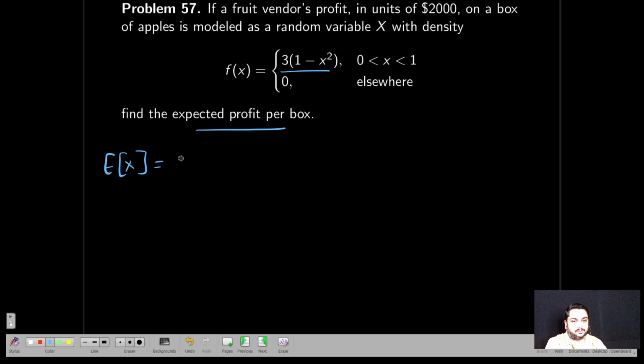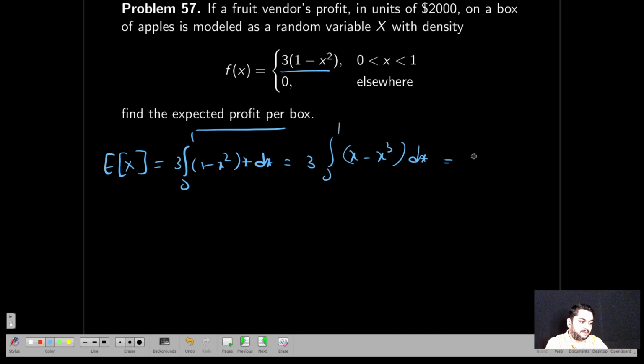So this will be equal to integration of 0 to 1, 3 into 1 minus x square into x dx, which is 3 into integration of 0 to 1, x minus x cube dx. So to find out, we'll get it as 3 by 4.